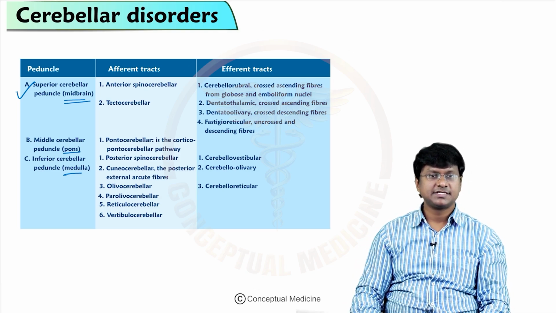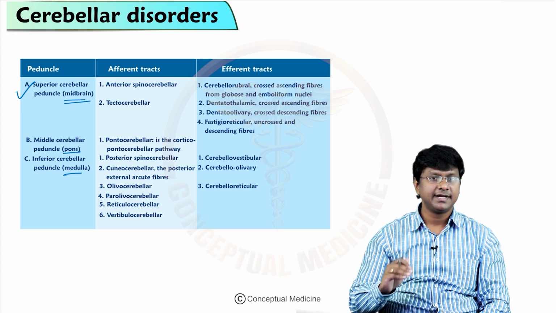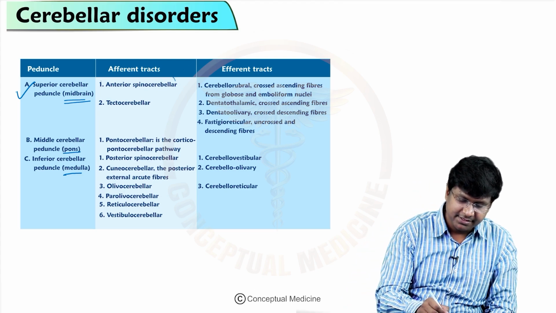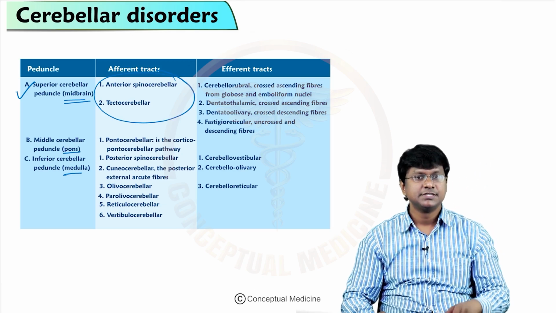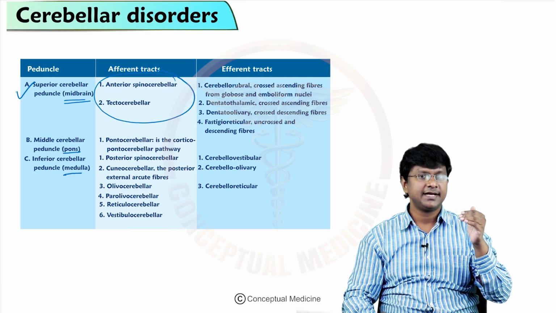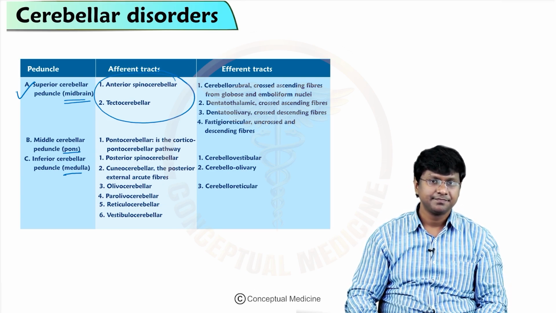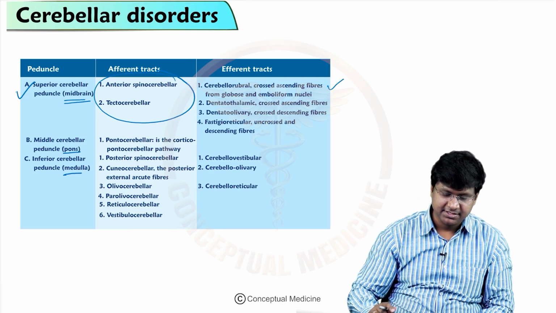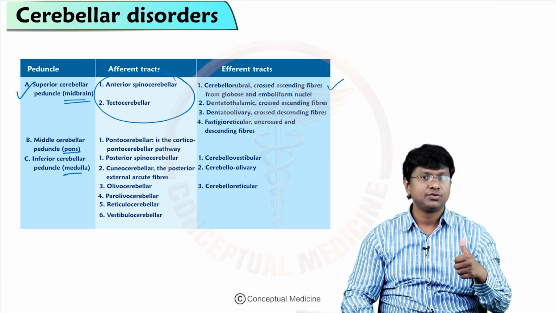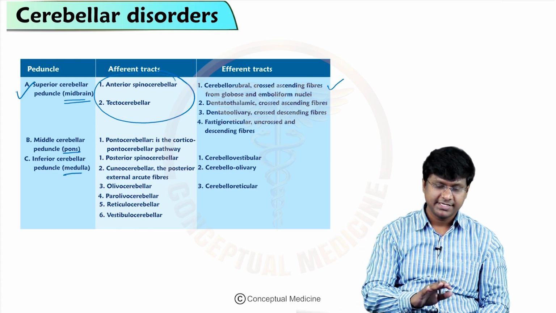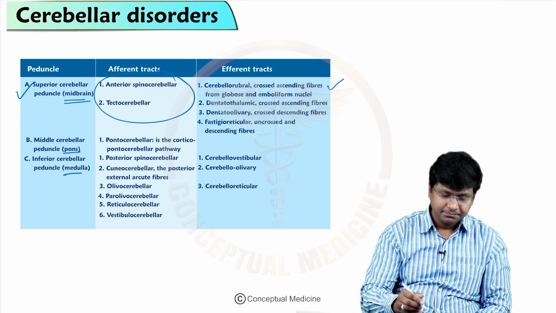And these cerebellar peduncles have afferent tracts: the anterior spinocerebellar and the tectocerebellar tracts will be in the superior cerebellar peduncle. And the efferent tracts are the cerebello-rubral, dentatothalamic, dentato-olivary, and fastigio-reticular. So these are the efferent tracts.